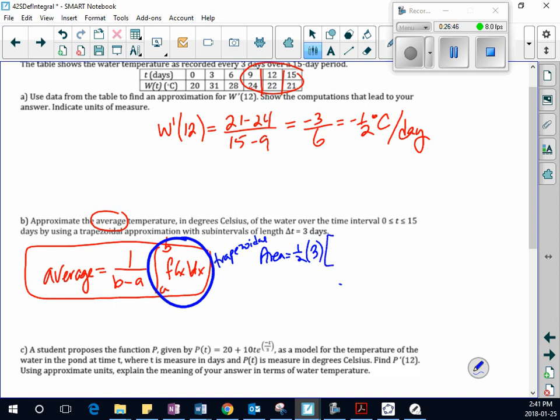And then trapezoidal means we add up the first one, so 20, plus double the second. Do you want to just do 62? No. Oh, okay. 2 times 31 plus 2 times 28 plus 2 times 24 plus 2 times 22 plus 21.